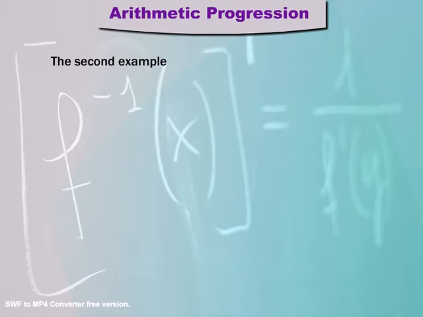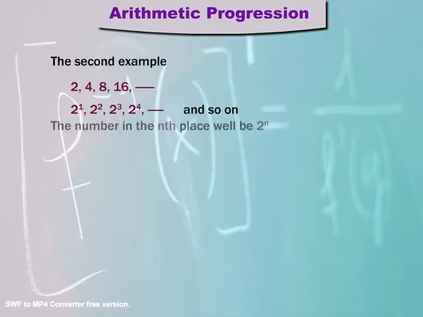The second example, that is 2, 4, 8, 16, and so on, can be written as 2 to the power of 1, 2 to the power of 2, 2 to the power of 3, 2 to the power of 4, and so on. Therefore, the number in the nth place will be 2 to the power of n.